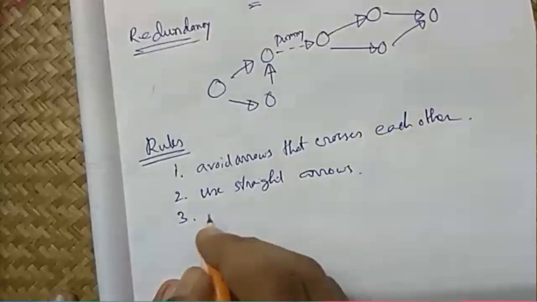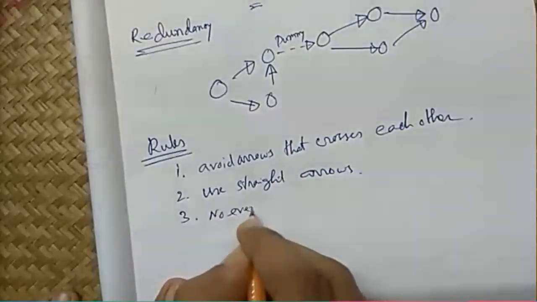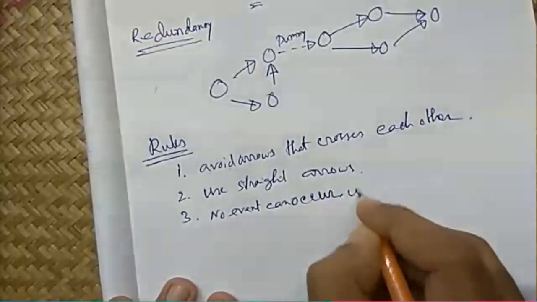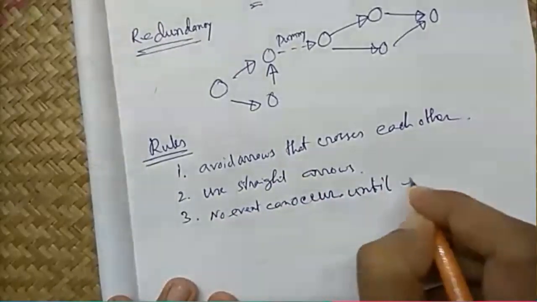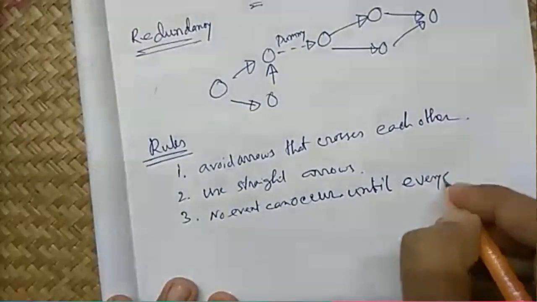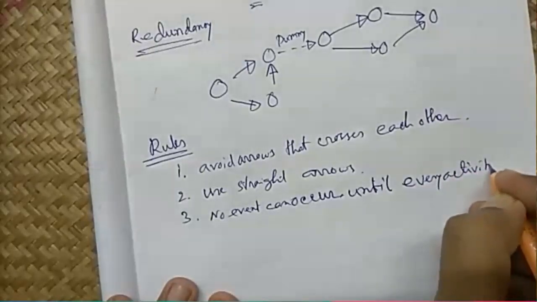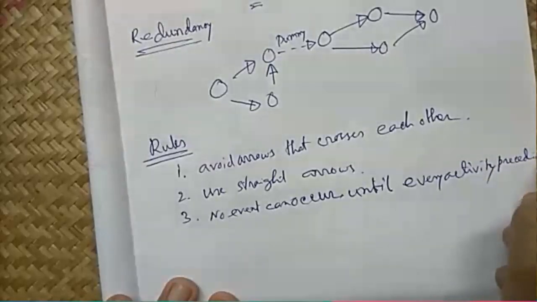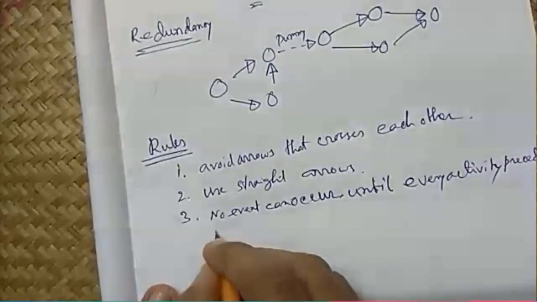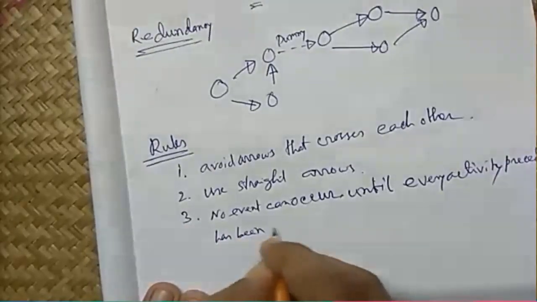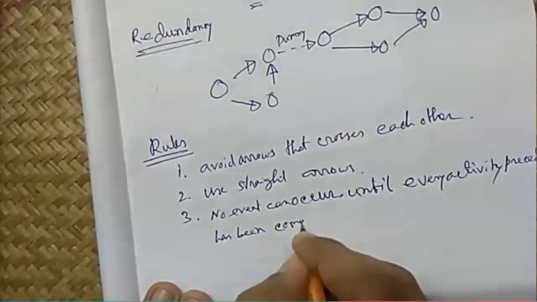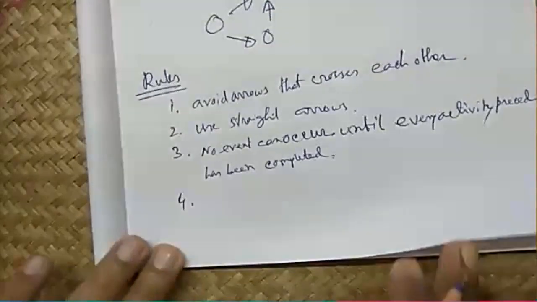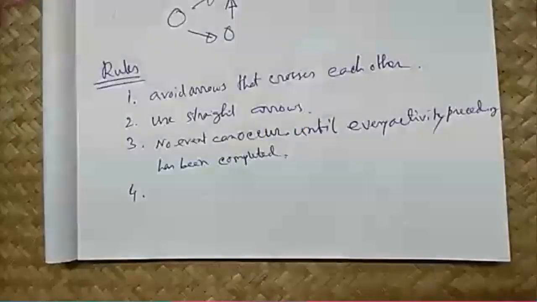Number three, no event can occur until every preceding activity has been completed.